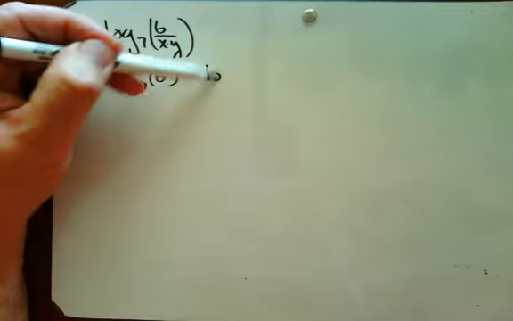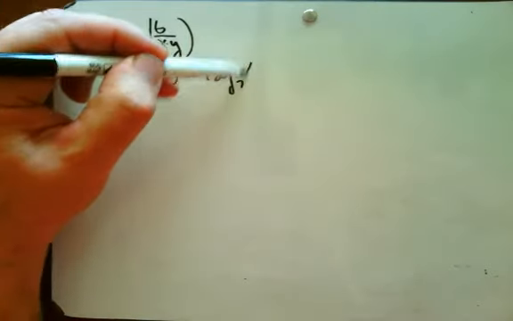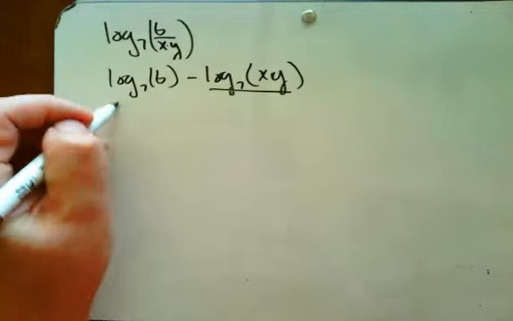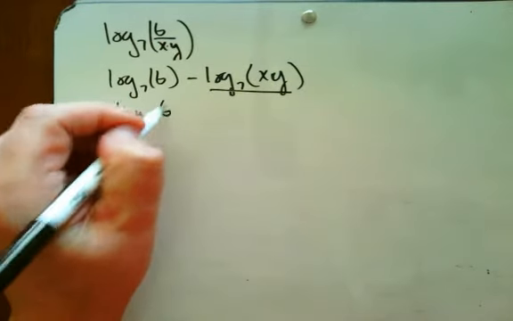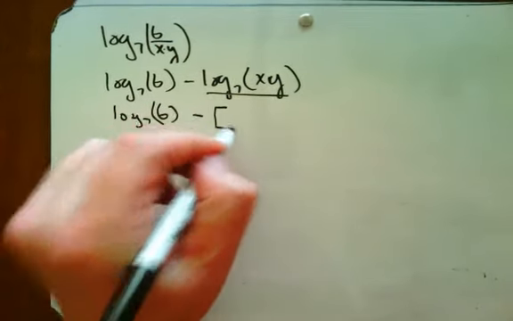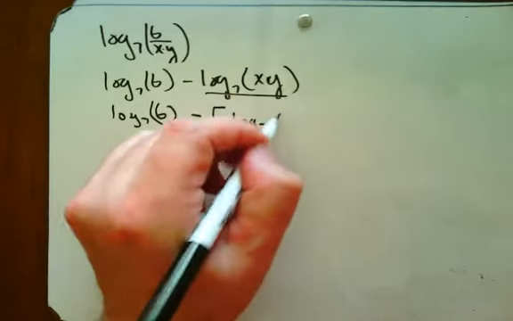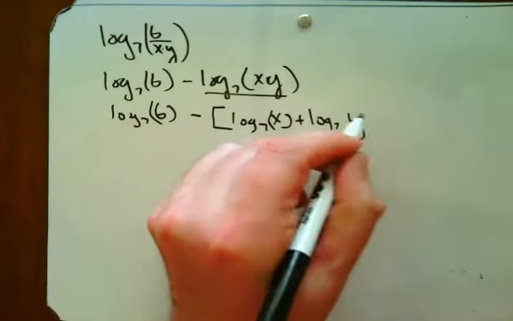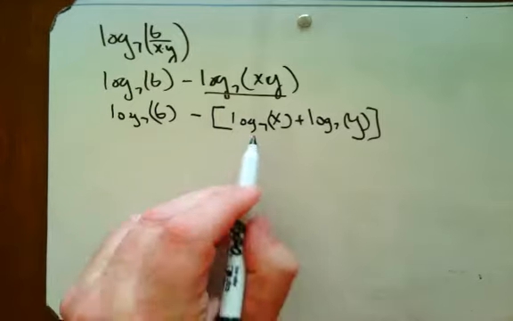And I can just hear some students saying, but Mr. Kukla, these are multiplied together. Why isn't there a plus there? Well, check it out. There can be a plus there if you write the problem this way. Log base 7 of 6 minus log base 7 of xy.